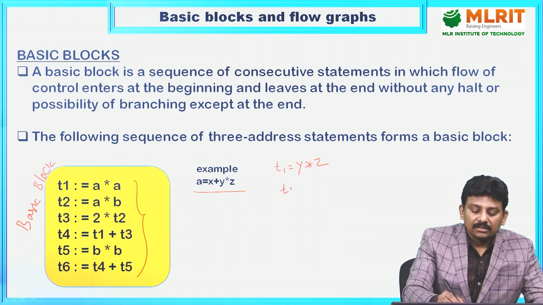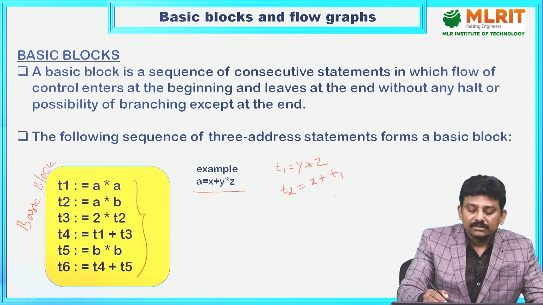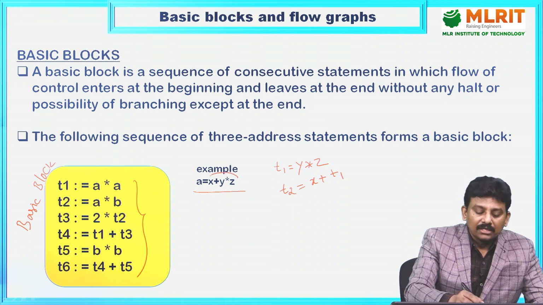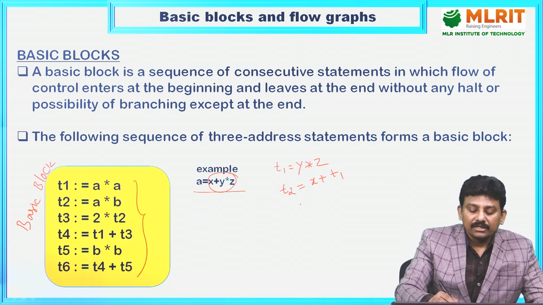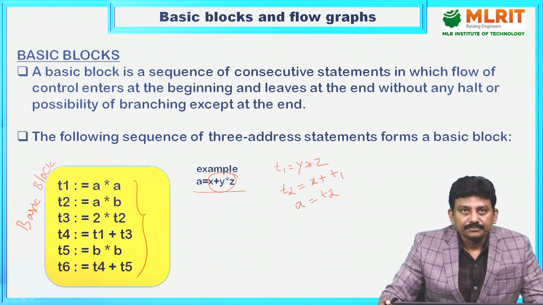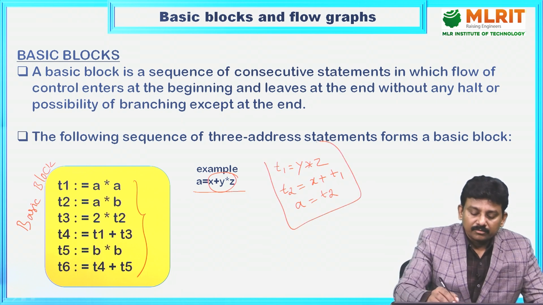Then another temporary variable, T2 = X + T1. T1 holds Y * Z, so the total X + Y * Z is assigned to T2. Final assignment: A = T2. This is a basic block.